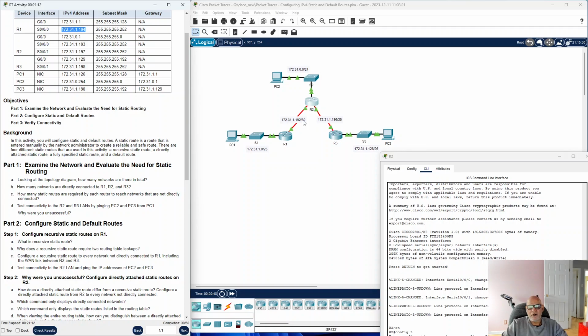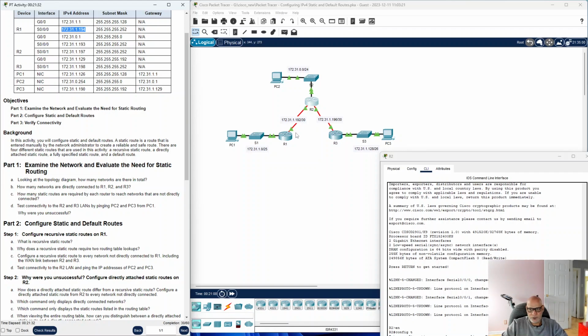That means there are only two host IDs in this network. 192 is the network ID, 193 and 194 are the host IDs. 193 is assigned to R2 and 194 is assigned to R1.